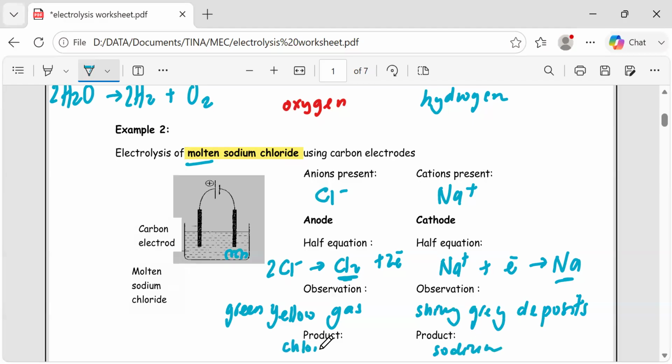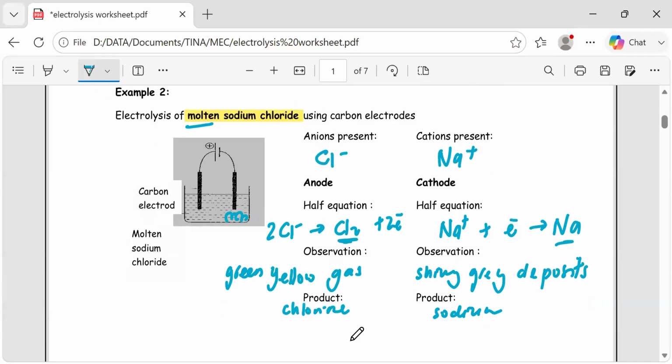Here the product is chlorine. So overall will be what? It's basically the compound sodium chloride broke apart to become sodium and chlorine.